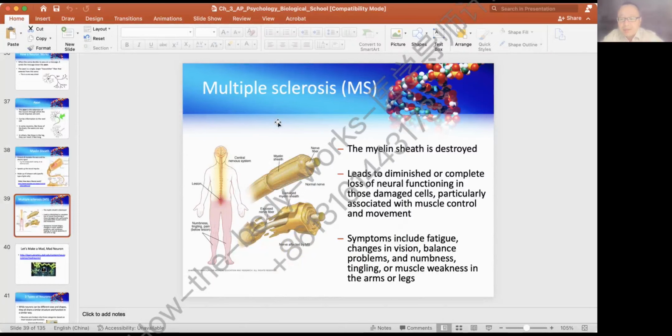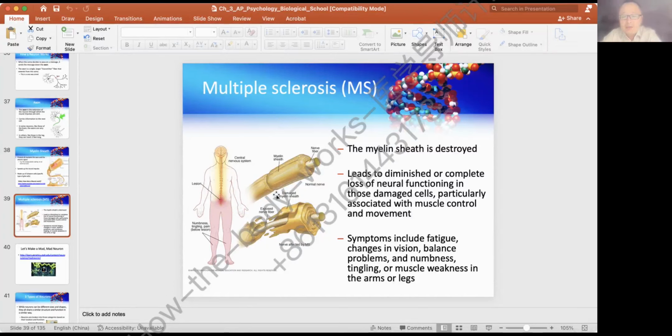Generally, such a person may be very old, in their 70s or 80s, but some of them are young, like in their 20s or 30s. At that time, the doctor will suspect that such a person has a disease like MS, multiple sclerosis.